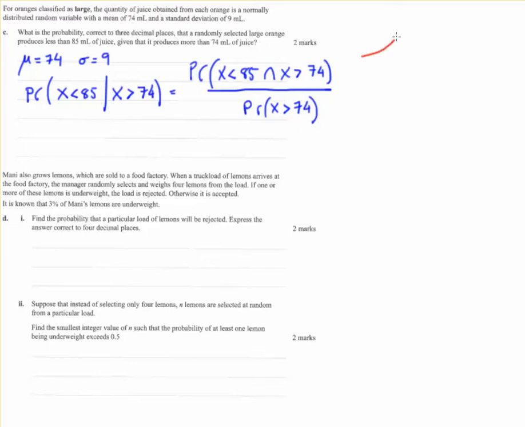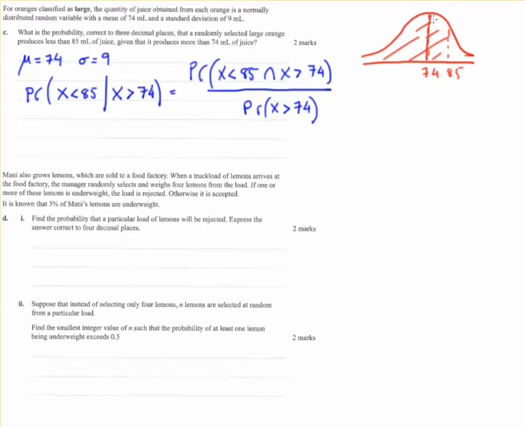If you have some normal distribution with a mean of 74, we're looking for the intersection between x being less than 85 and x being greater than 74.